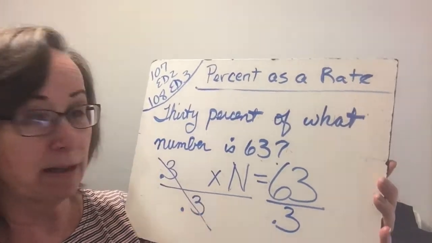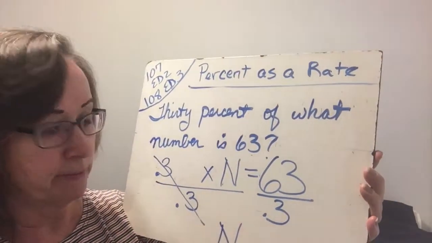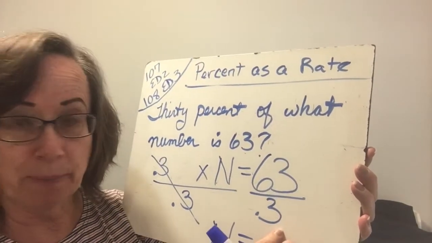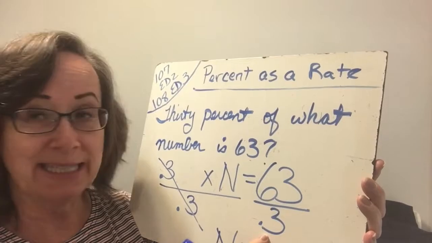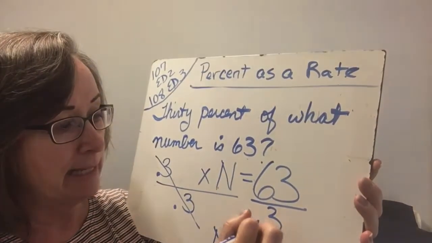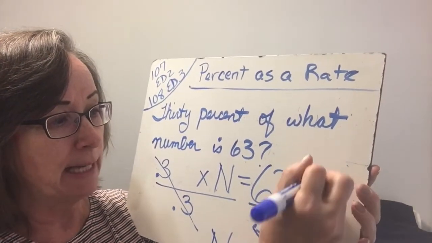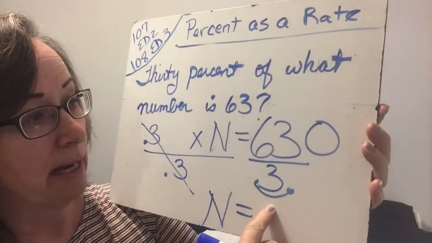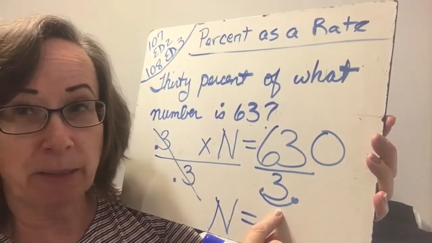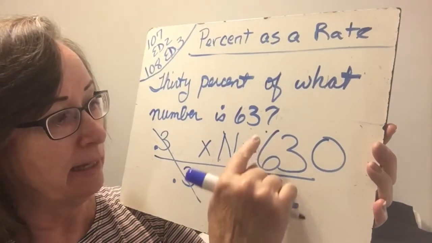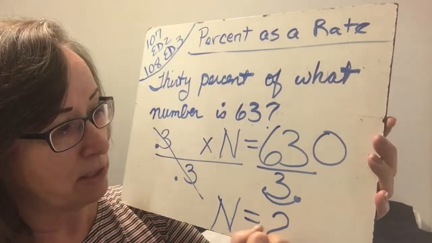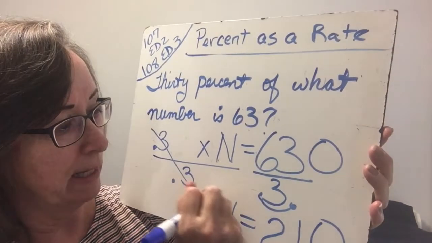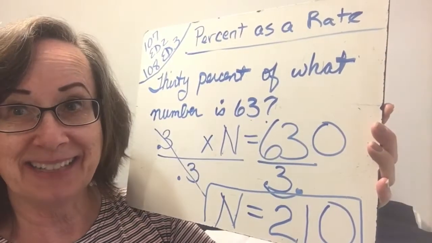That's going to cancel and leave our n all by itself. Okay, so now we're going to divide 63 by 0.3. Remember, when we have a decimal in our divisor, it's easiest if we will multiply by 10 and multiply by 10 to clear the decimal out. So now I've got 630 divided by 3, which I can do in my head. 6 divided by 3 is 2, 1, 0. So the number is 210.